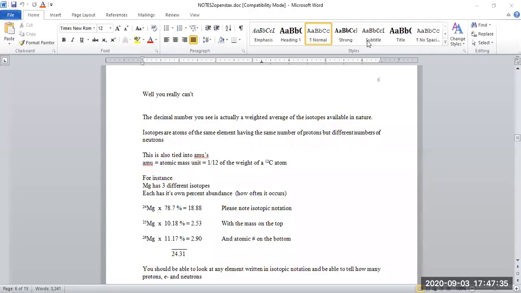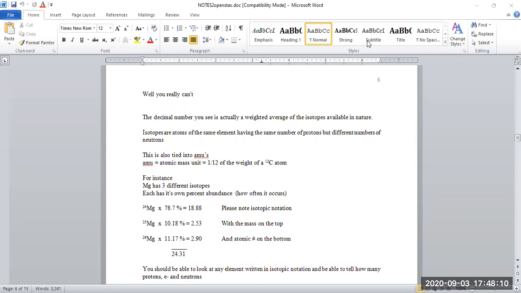So let's go back to talking about the isotopes themselves. I decided to pick on one of the smaller elements, magnesium. Magnesium has 3 different isotopes. We've got the popular, aka common one, which comes with a percent abundance of 78.7%.